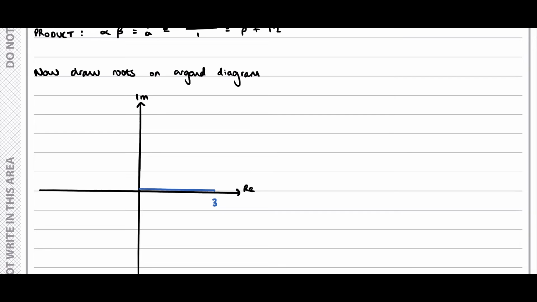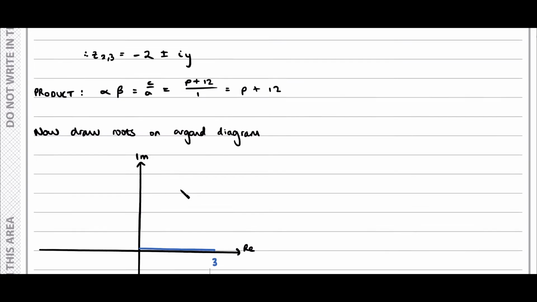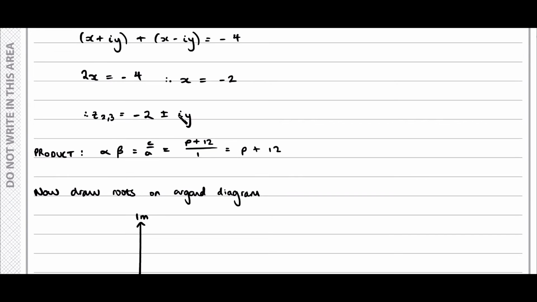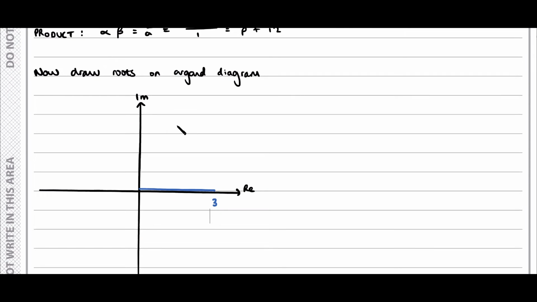And our other two roots, that's minus 2 plus iy, minus 2 minus iy. So that will look something like this. If I draw it on, we have our other roots shown here.